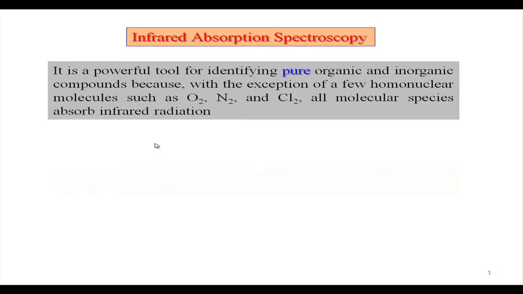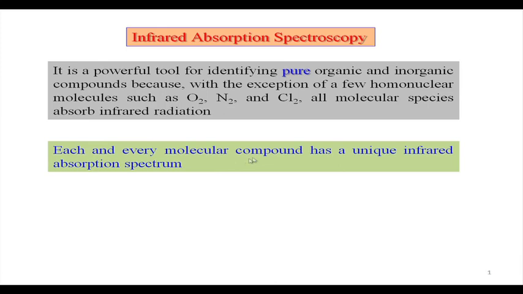So, why do they absorb infrared radiation? Because each of these compounds, molecules or gases has a unique infrared absorption spectrum. Because in all these cases, if we consider that one is X, another is Y.